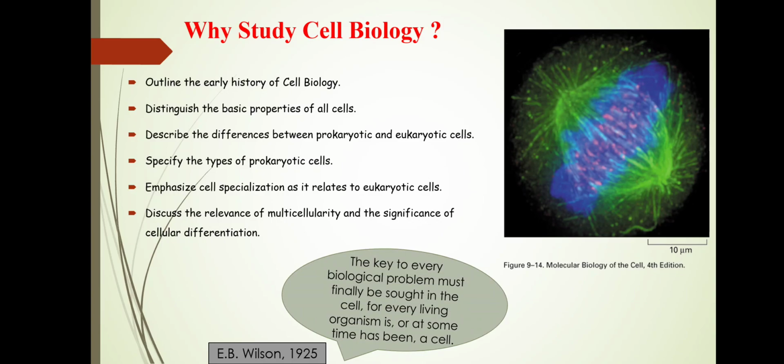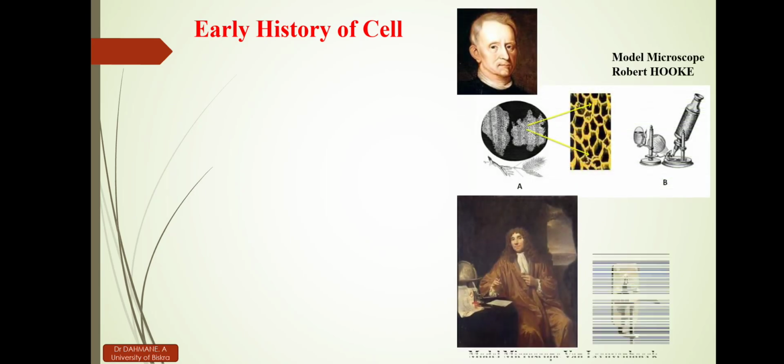For the early history of the cell, the first model of microscope was developed by Robert Hooke. Several years after, another model of microscope was developed by Leeuwenhoek.